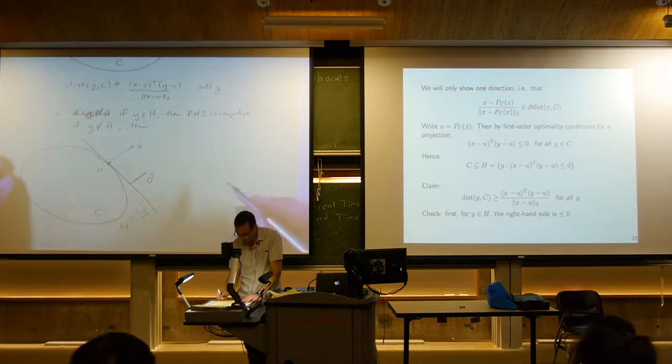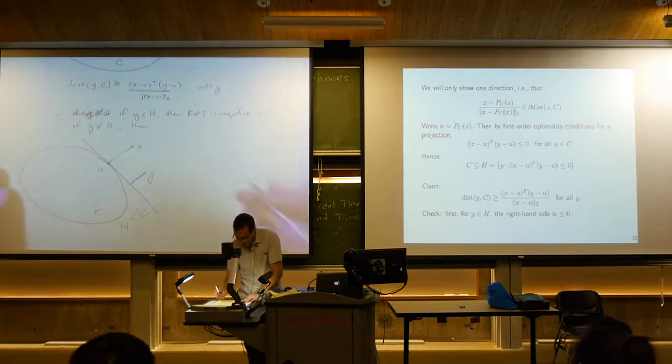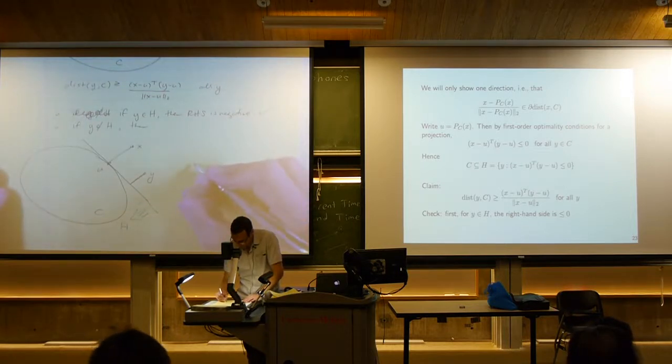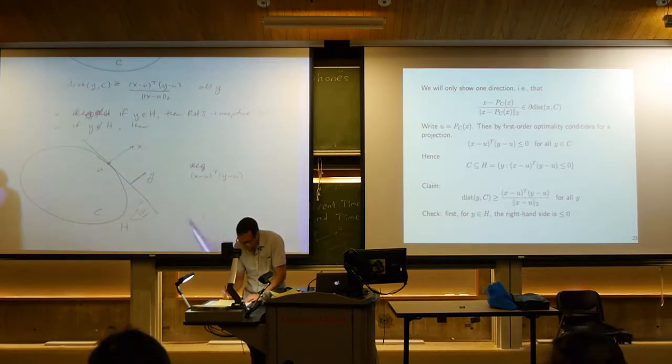We can get that by looking at, let's first just write (x minus u) transpose (y minus u). So that's this vector, inner product with this vector.